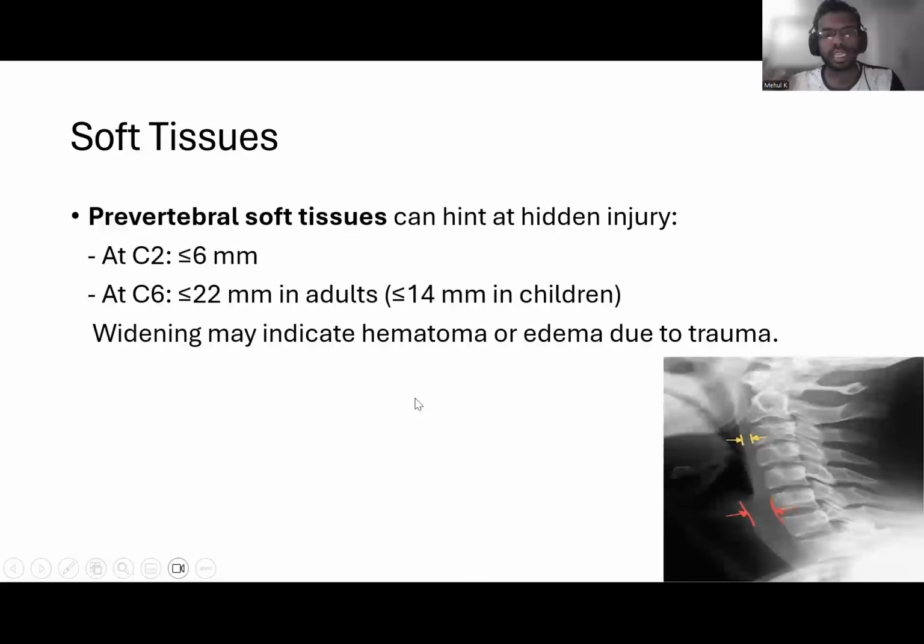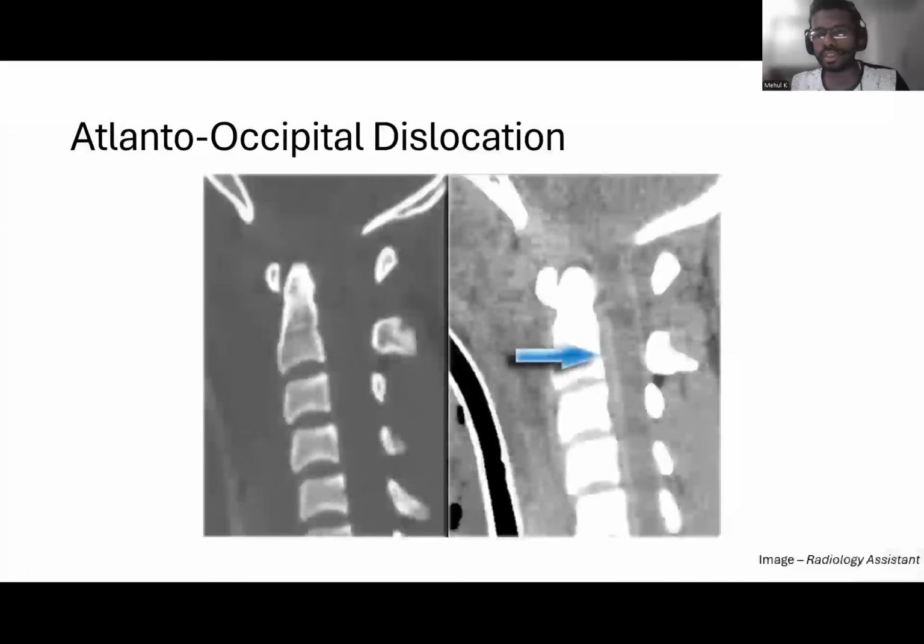Increase in prevertebral soft tissue can be due to hematoma, but this is generally more useful in cases of infections of the neck, like retropharyngeal abscesses, which can also lead to a widening of the prevertebral soft tissues.